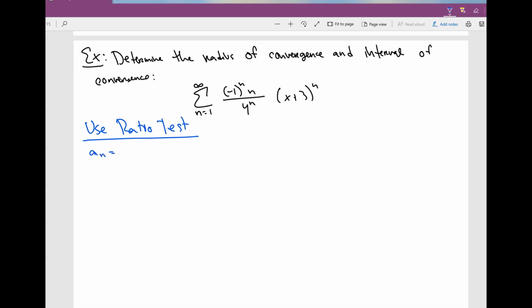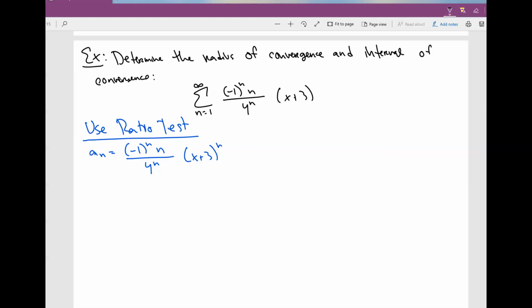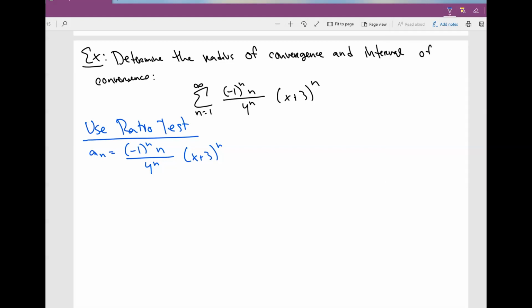A sub n is just this guy. -1 to the n, over 4 to the n, x plus 3 to the power of n. Okay, so that's what a sub n is.